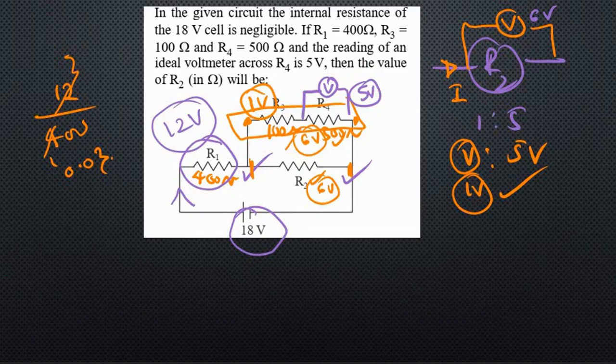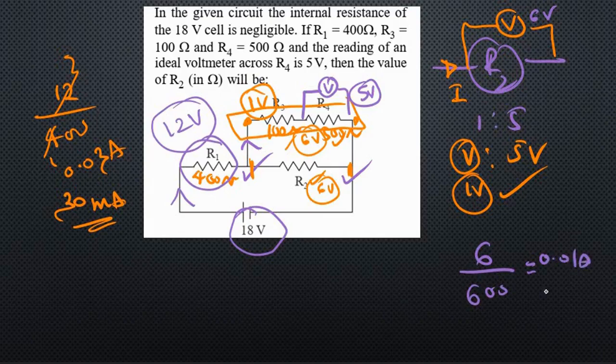That's the total current. Now if we can find the current through 100 ohms and 500 ohms, we can easily find the current through R2. We know the potential difference across 100 ohms and 500 ohms is 6 volt, so the total resistance will be 600 ohms. So 6 divided by 600 gives 0.01 amperes, that is 10 milliamperes.